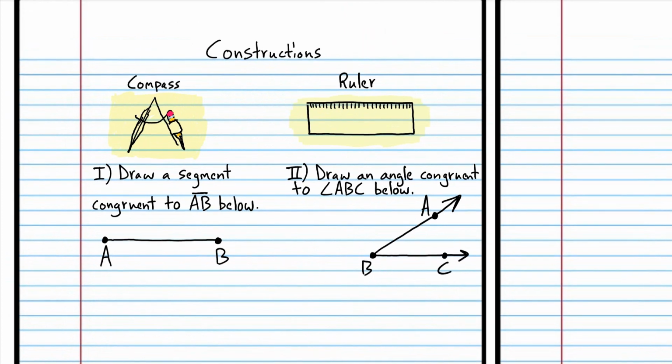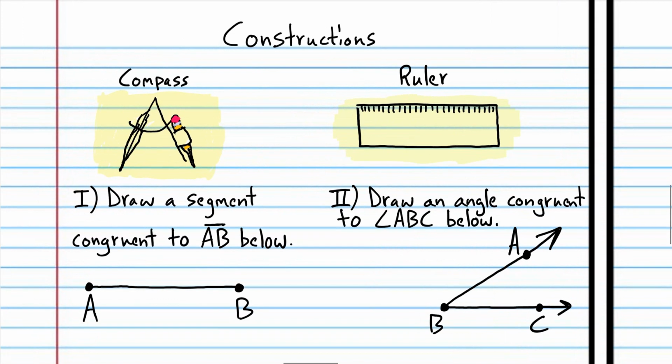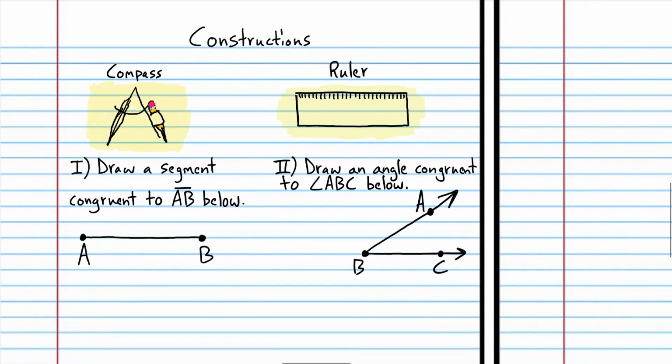And you're going to need a compass. That's this little V-shaped object here with a pencil on one side and a sharp point at the end over here, and you're going to need a ruler or a straight edge, whatever you want to call it, anything that you can use to help you draw a straight line. Now, there are 4 basic types of constructions that are typically covered in a standard geometry course.